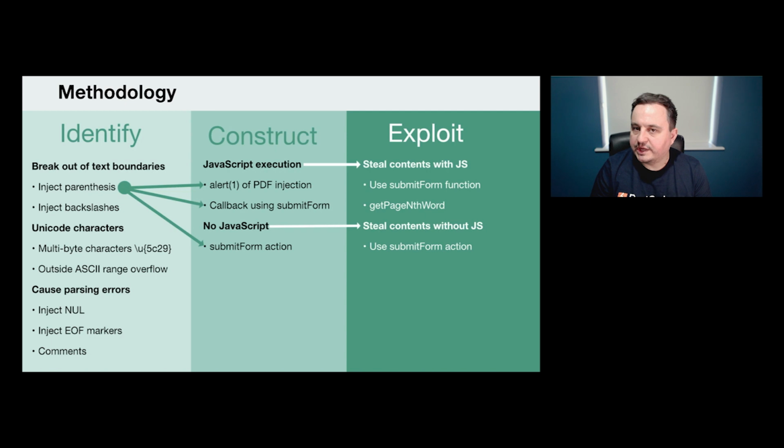This would be useful in blind situations where you don't know the structure or content of the PDF, but you can still cause an injection. Also, with clients that do not support JavaScript, you can use the submit form action and also do a callback.